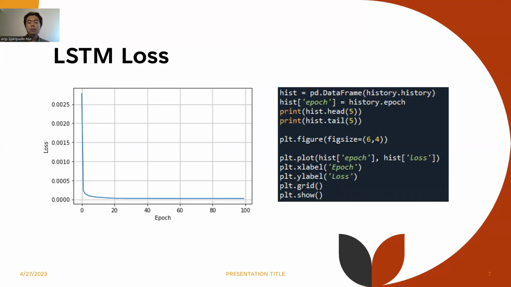This is the result of the loss function from 0 to 100 epochs. We can see that the loss decreases in the early epochs and then reaches a stable low up to 100 epochs.